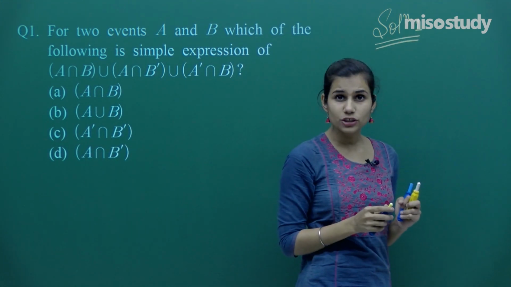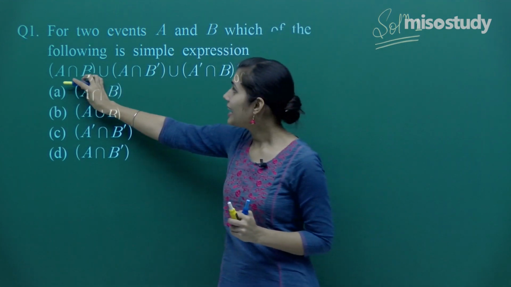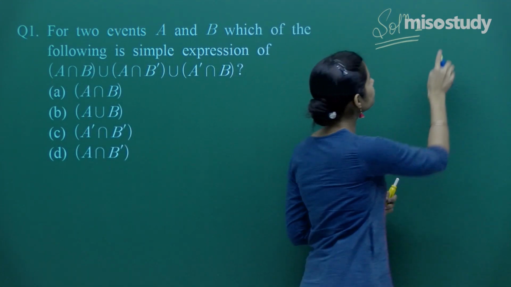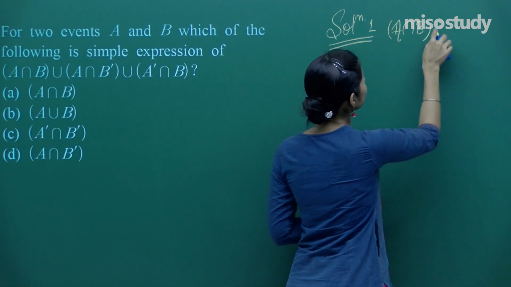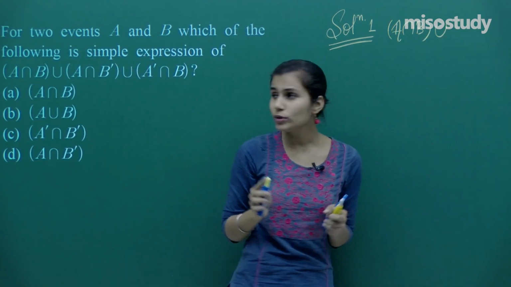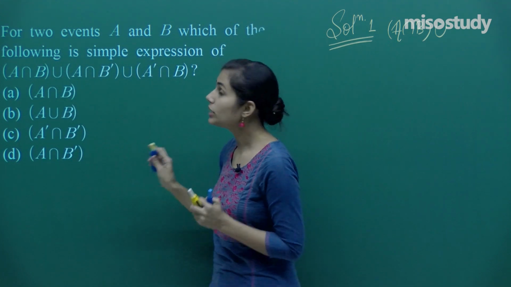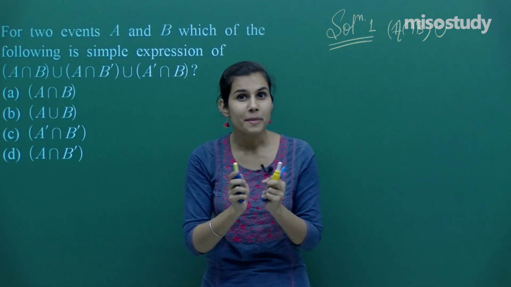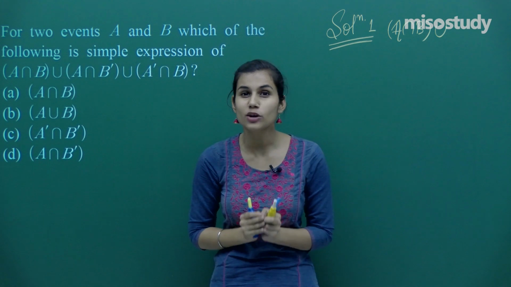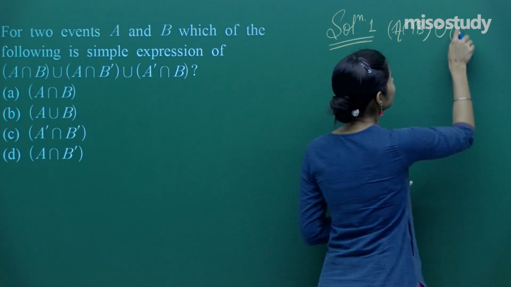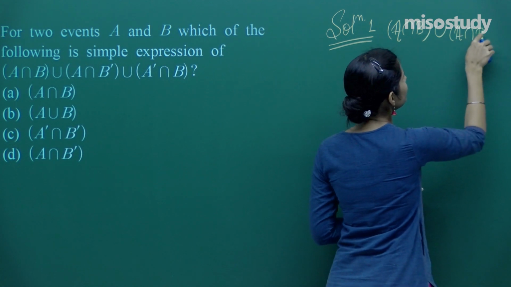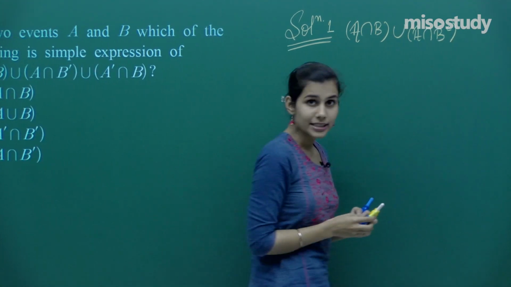The expression given to us is A intersection B. This particular set is taken union with A intersection B complement. Remember, we had done three expressions in which complement of a set can be written. The second set is A intersection B complement.